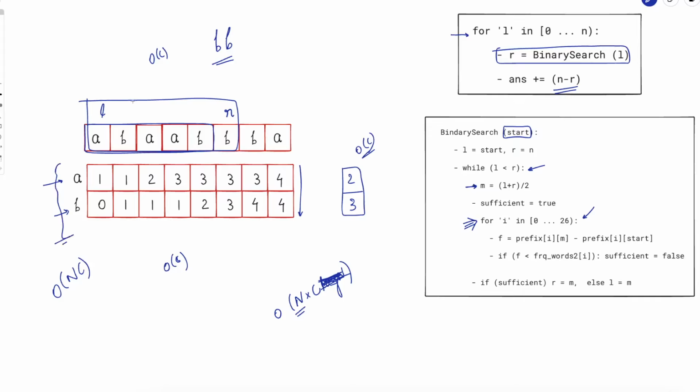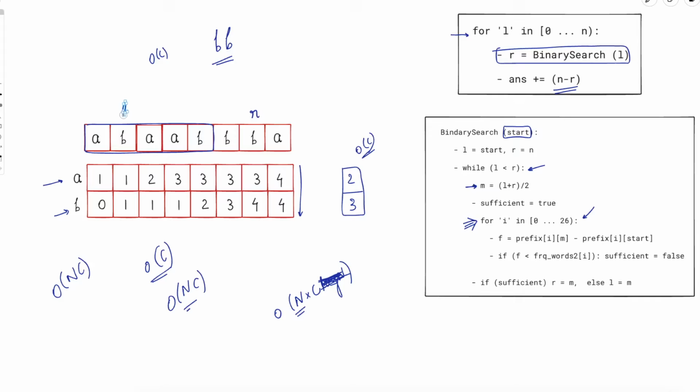If it is not valid, you will simply keep on incrementing your R. Now, for each R you increment, you will again incur an order C cost. Overall, you can increment your R n number of times. So overall cost would be order n into C for all possible R.